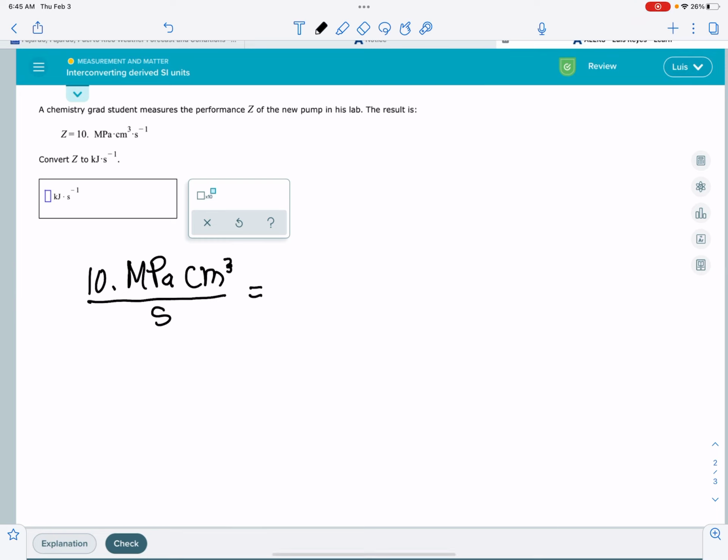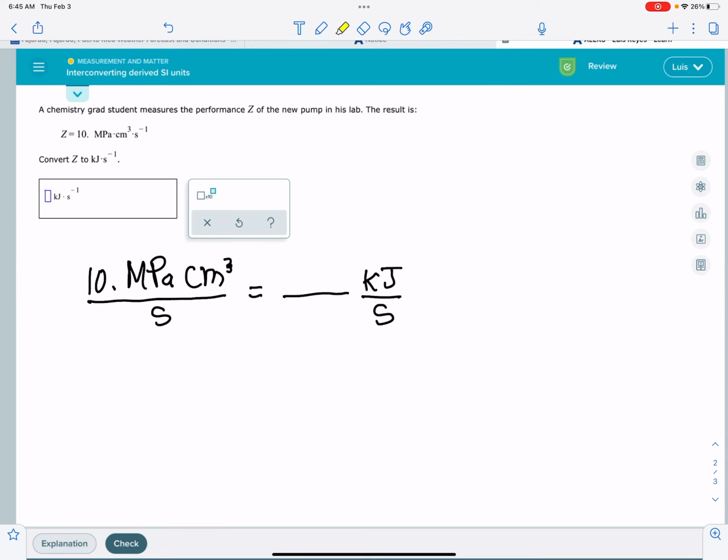Convert that to kilojoules divided by seconds. So seconds remains constant. Mega is just a prefix.